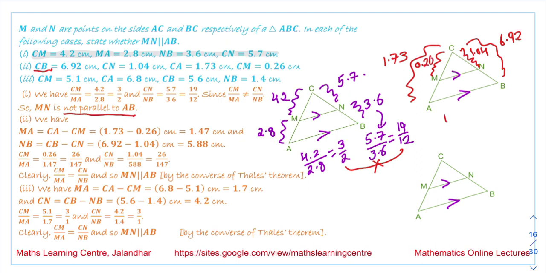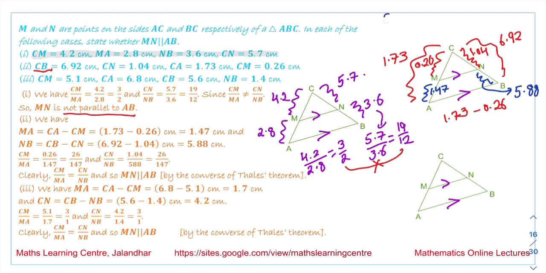So we calculate 1.73 minus 0.26. What we are left with is the value of MA, and the answer is 1.47 centimeter. This NB is 5.88 centimeter.